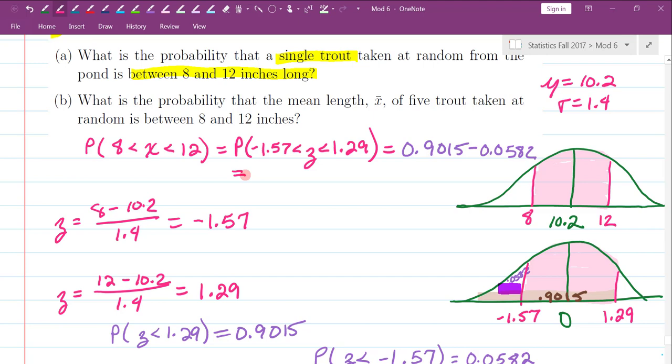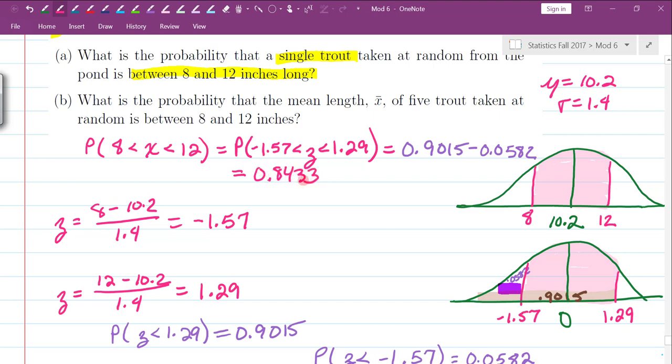I guess it's been off for a little while. So 0.9015 subtract 0.0582, and that is equal to 0.8433.